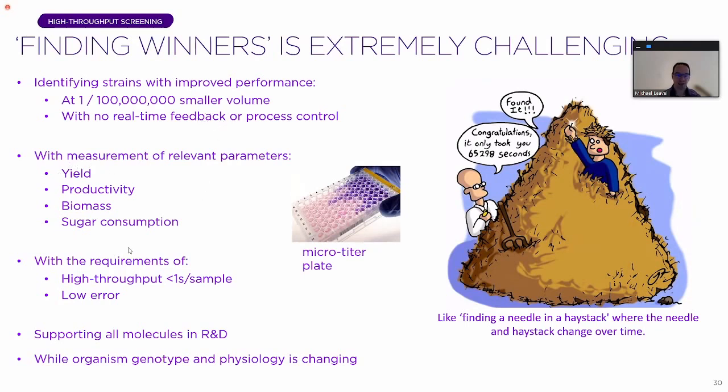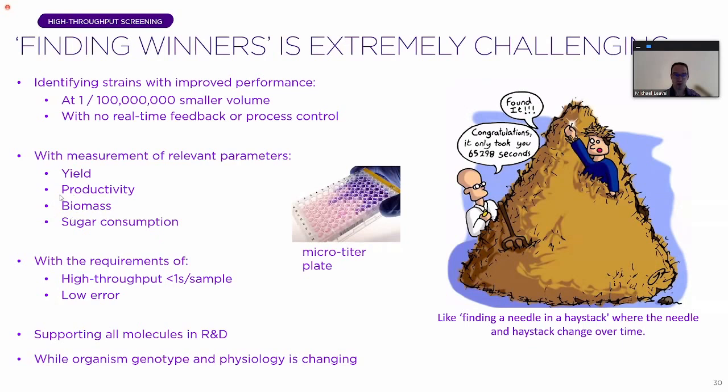Of course, we'd ideally like to measure yield, productivity, biomass, and sugar consumption, which are the traditional metrics that we use to evaluate our strains at manufacturing. In reality, we're generally measuring titer as a surrogate for yield and productivity. But these are endpoint measurements where we've gone through sugar exhaustion and then we're reading the titer at the end of the culture.